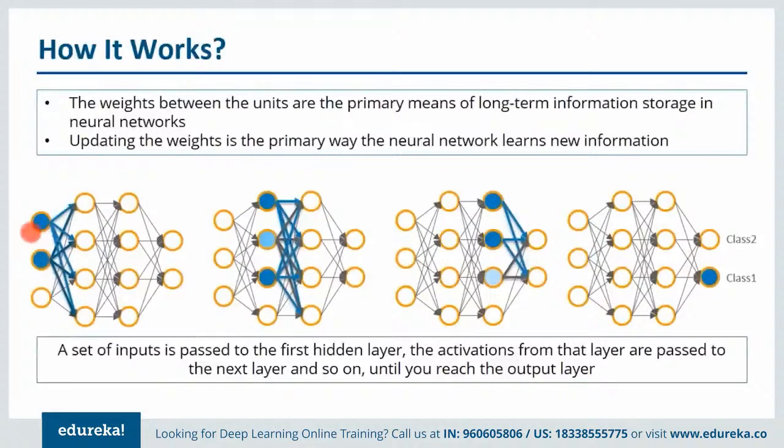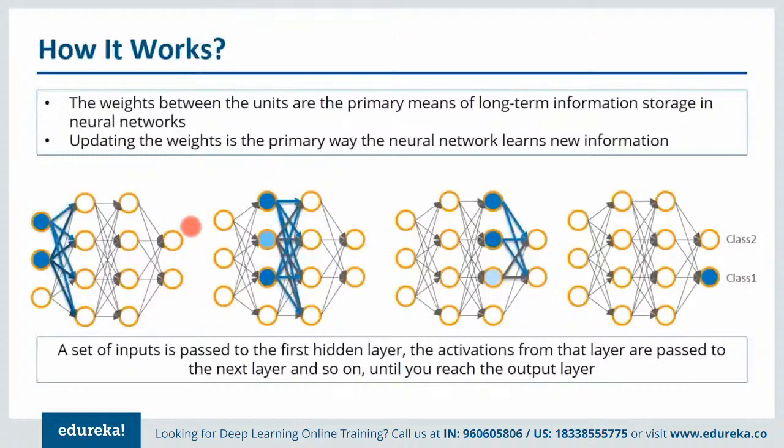Now what happens is, a set of inputs is passed to the input layer, and the output of this input layer is passed to the first hidden layer. Then after the activation function of the first hidden layer, the output is passed to the next hidden layer as the input, and similarly finally we get the output. Now you must be thinking how the model learns from here. Basically the model learns by updating the weights, and the algorithm that it uses is called backpropagation.